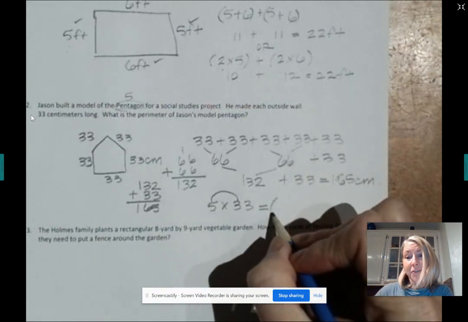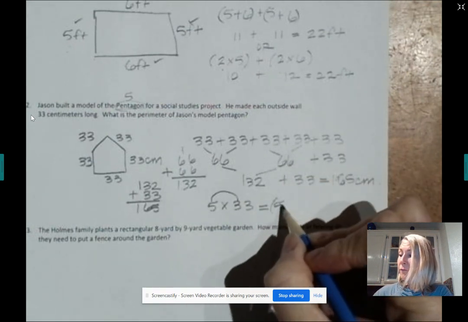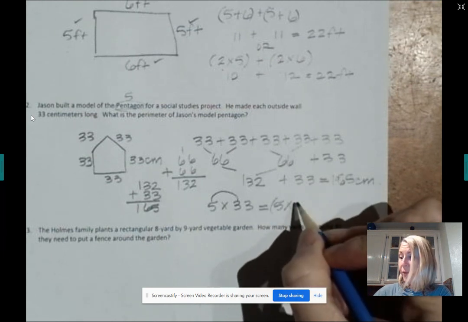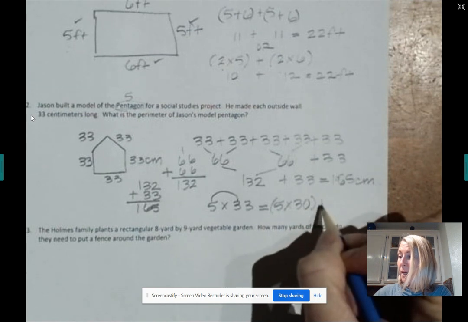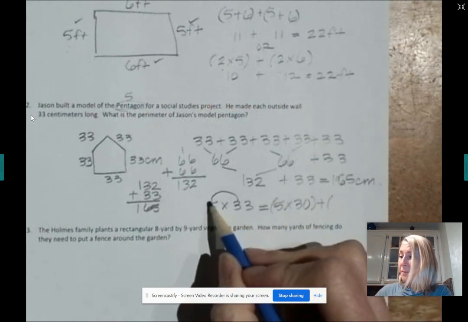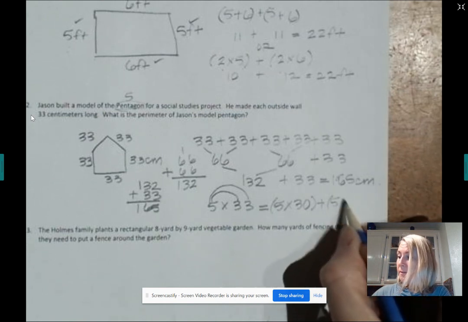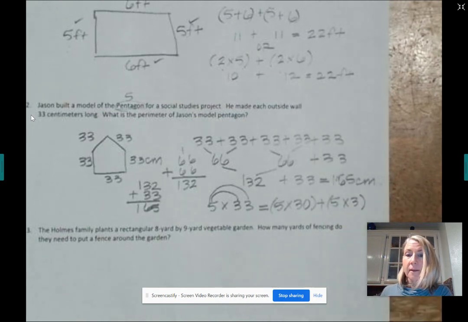So I also love parentheses. I can do 5 times 3 tens, which is 30, plus I can do my 5 times 3 ones, and break it down that way.